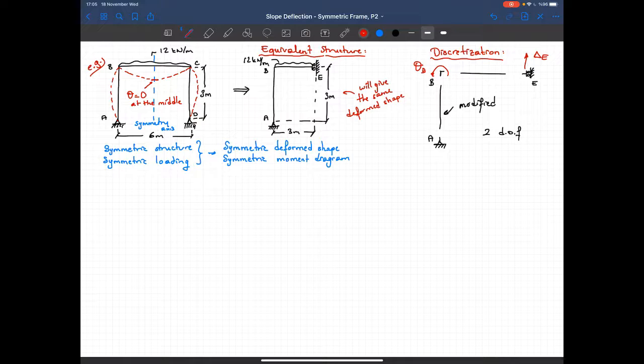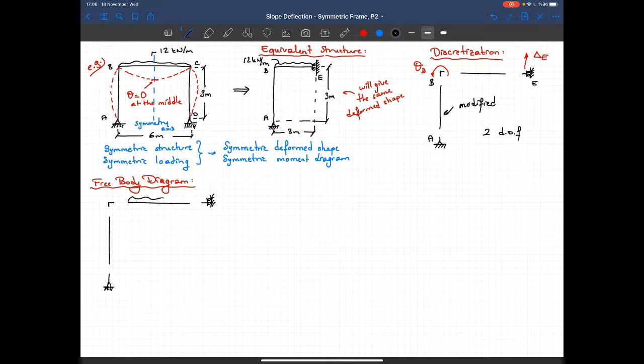Now let's draw the free body diagram. Member AB, pin support here.